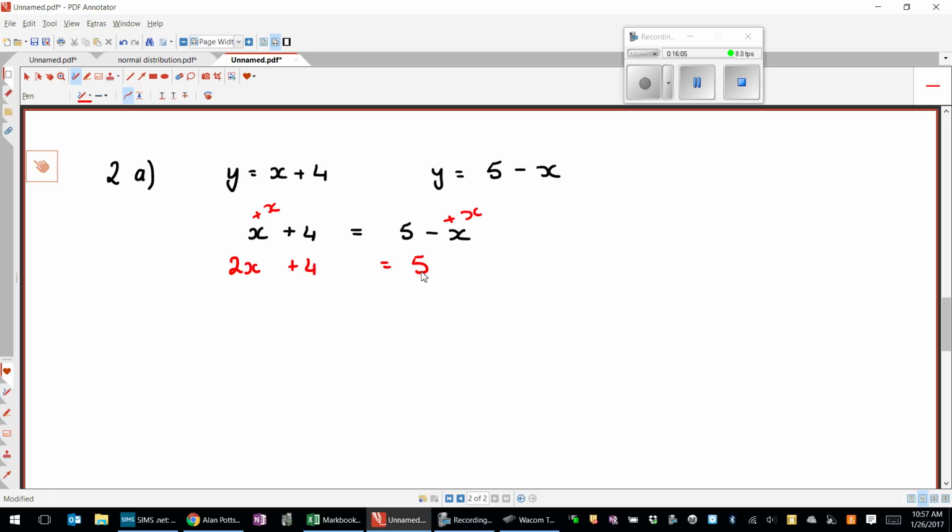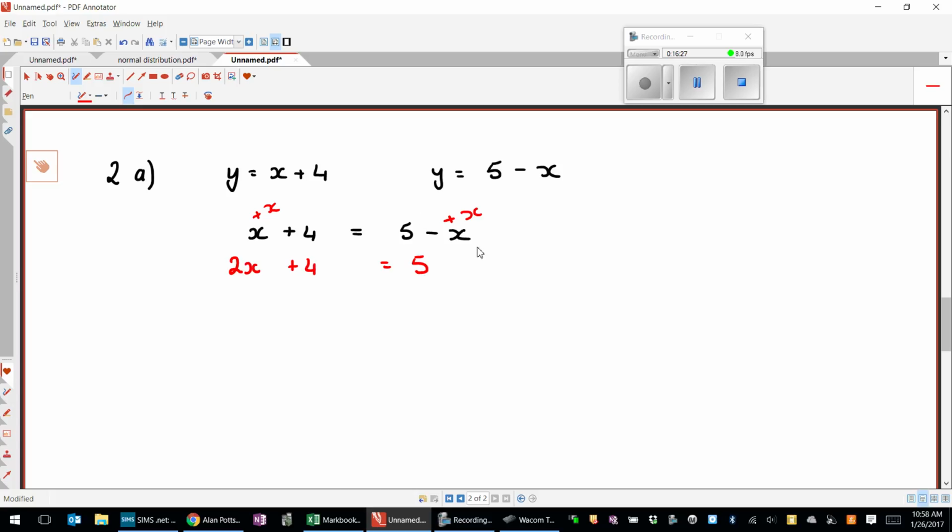It's that whole moving thing: they forget to change sign, move the minus x over, think x minus x is no x, and suddenly it becomes 4 equals 5. That doesn't make sense, so we just make sure we get that right.